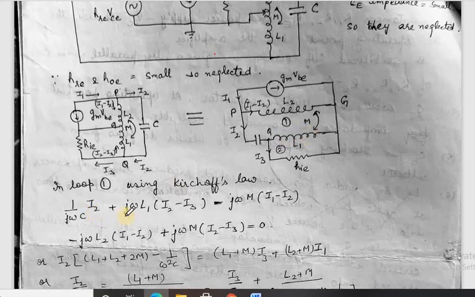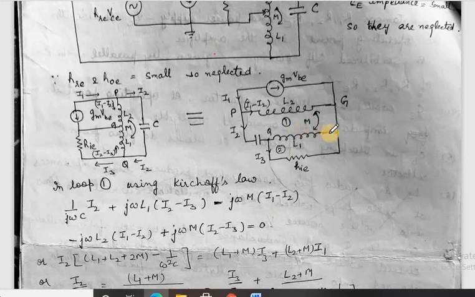Next is L1, so we can write j omega L1 I2. Along with it we can also write j omega M I1, because this is the mutual inductance on L1 due to L2. So this also we have written, j omega M I1 minus I2.